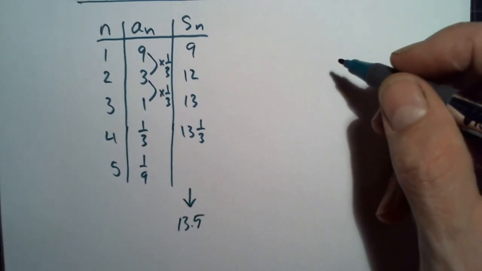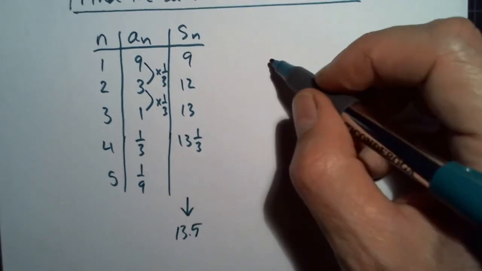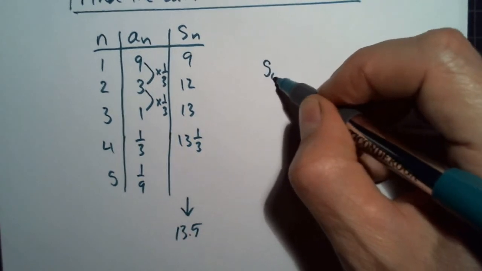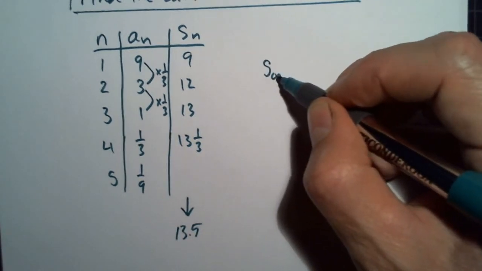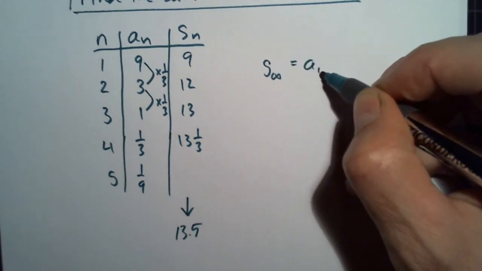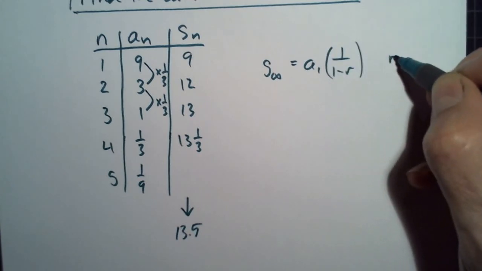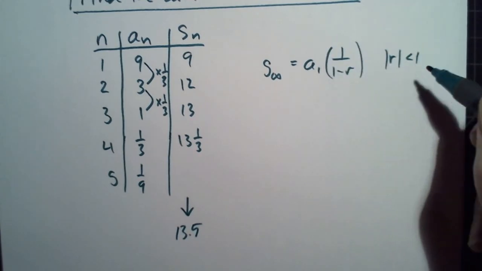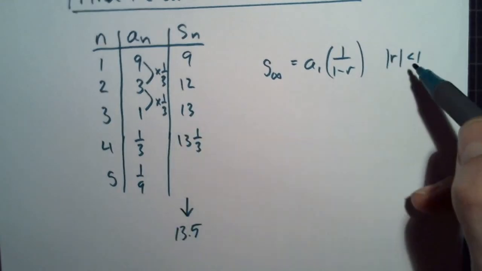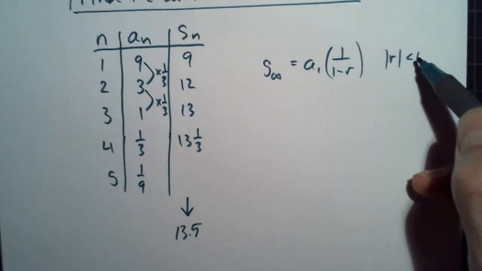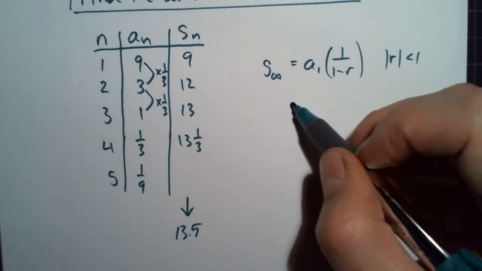And we can see that in the formula. If we look at this formula, the sum of infinite terms is a1 times 1 over 1 minus r. That works only if the absolute value of r is less than 1. And our common ratio is 1/3, so 1/3 is less than 1. That means we can use this.